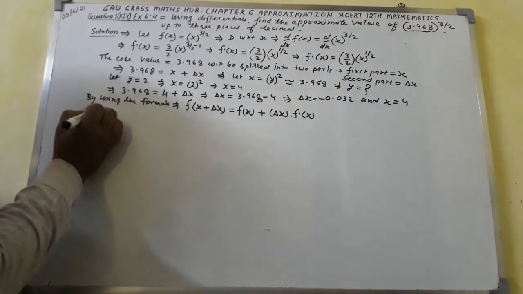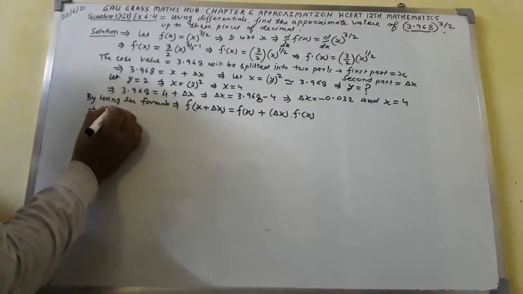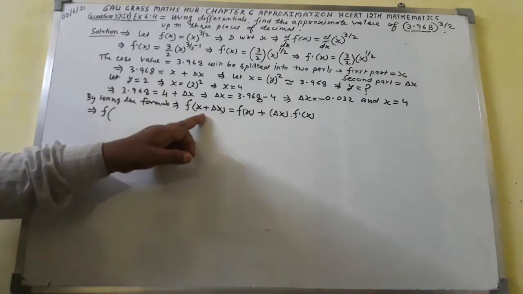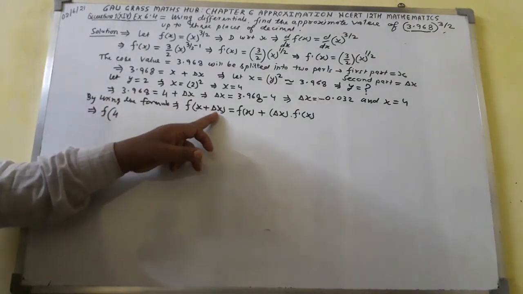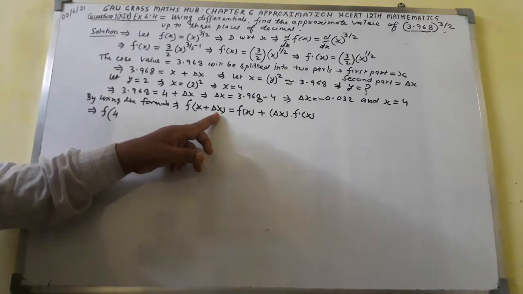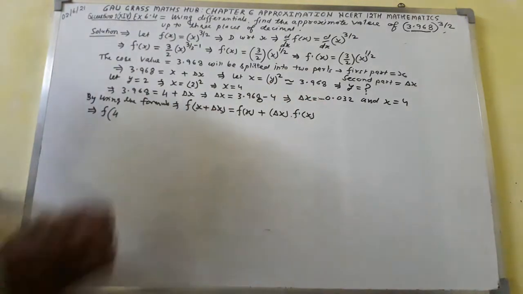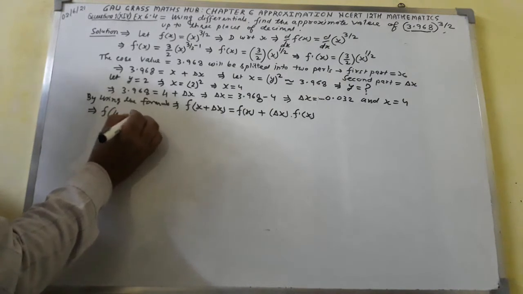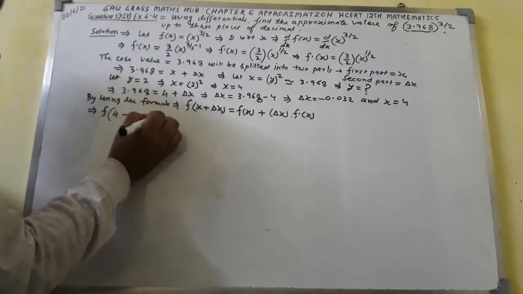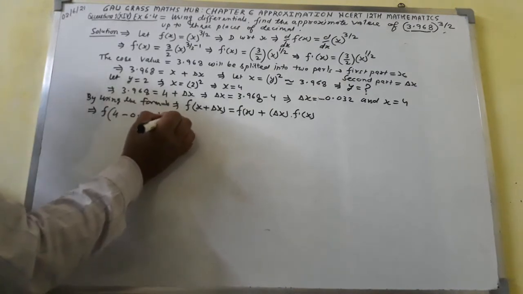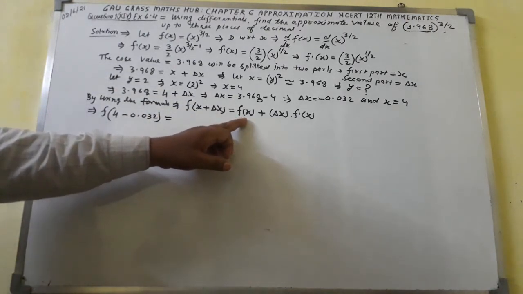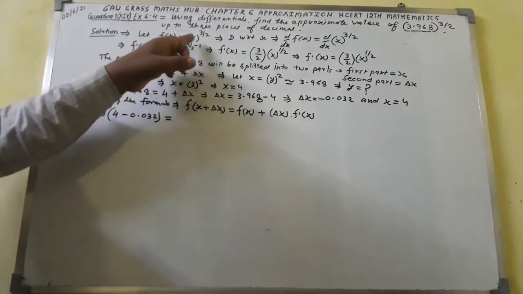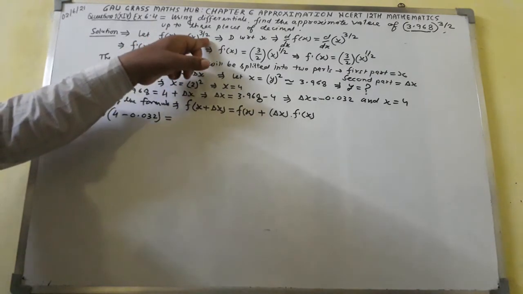Now determine this one. What will we do here? Here I shall write f of, the value of x I shall put right here, 4 plus delta x. The value of delta x I shall take from this place, minus 0.032, equal to f of x. f of x I shall take from this place, this one: f of x equals x raised to the power 3 over 2.